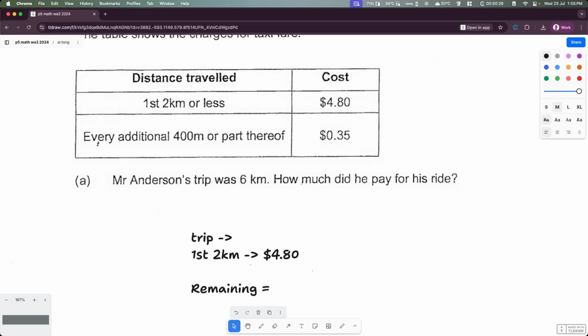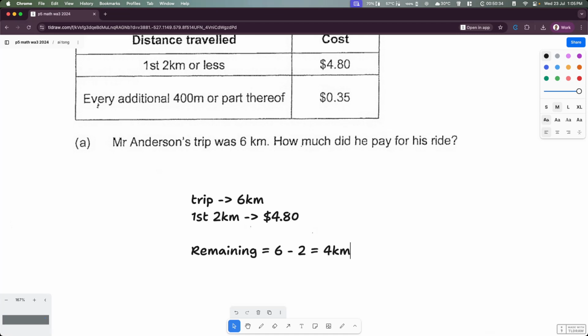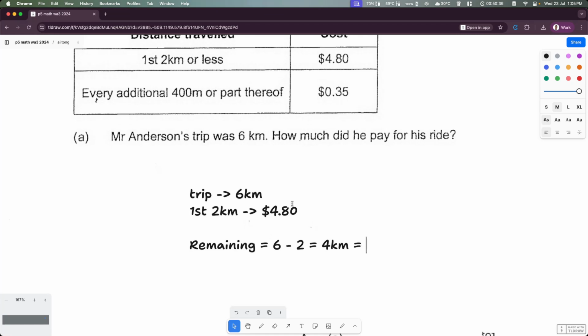So the remaining will be 6 minus 2 equal to 4 kilometers, which is equal to how many meters? So if you remember, 1 km is equal to how many meters? 1000 meters, right? So 4 kilometers equal to 4,000 meters.